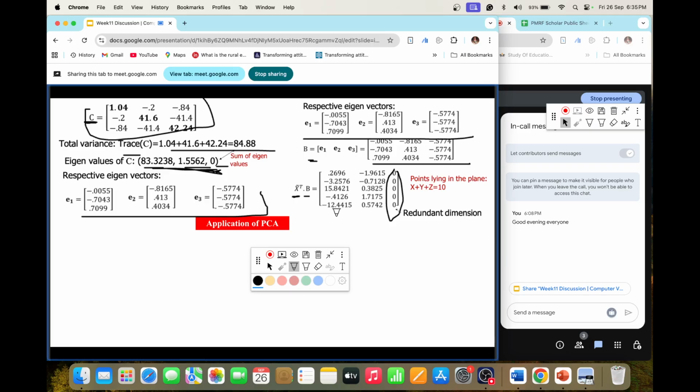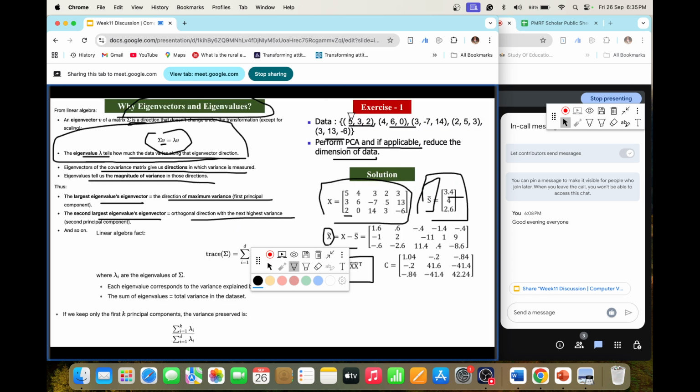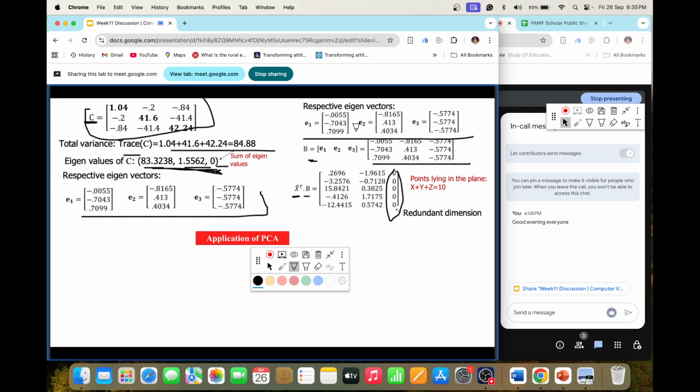Okay, so ultimately what we have done, for each data point we have these 3 dimensions. Now ultimately we have projected 3 dimensional data into only 2 dimensions, because there is no variance along the third direction, so definitely we are just ignoring the third direction. Okay, so that is regarding principal component analysis.